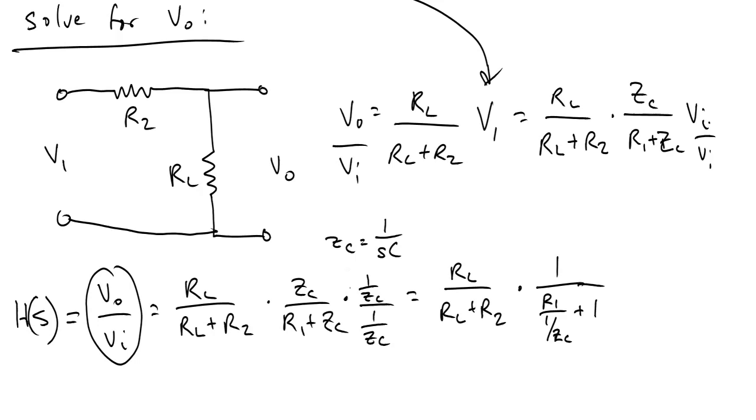You can see here this turns into 1, and then we distribute to ZC, which ends up being 1, and then R1, which ends up being R1 divided by ZC. Let me correct that here. This is just R1 over ZC.